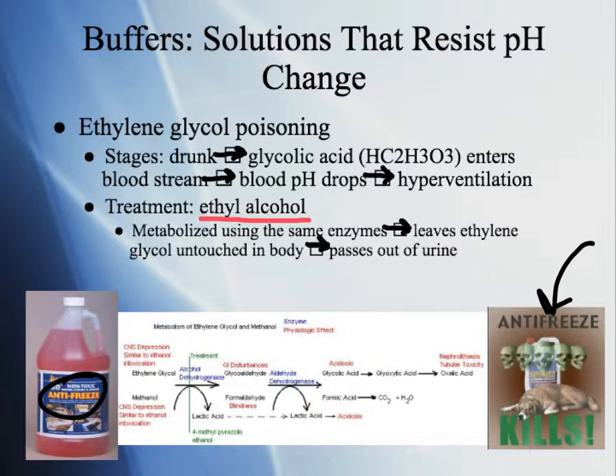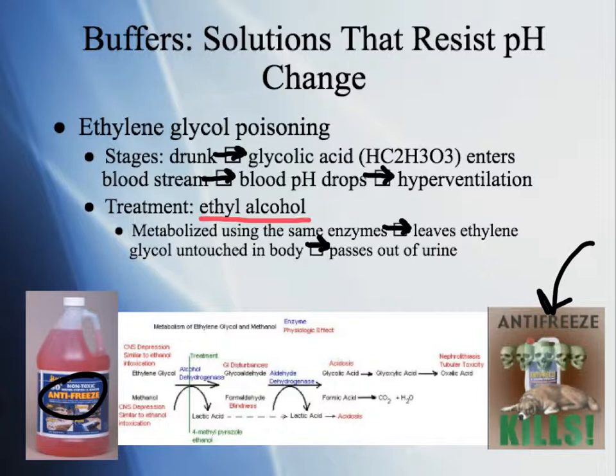Ethyl alcohol and ethylene glycol are metabolized in your liver by the same enzyme. The enzyme prefers ethyl alcohol to ethylene glycol, so the ethyl alcohol starts sticking to the enzymes and being processed more. This leaves the ethylene glycol just in your system, not being broken down.